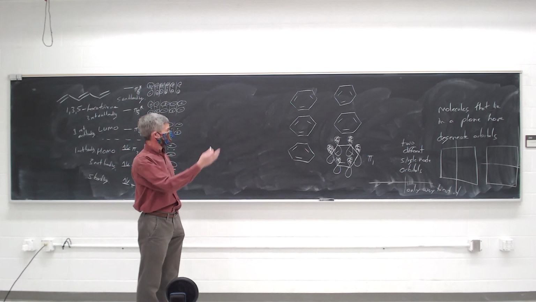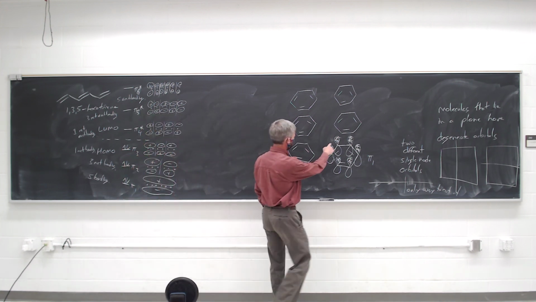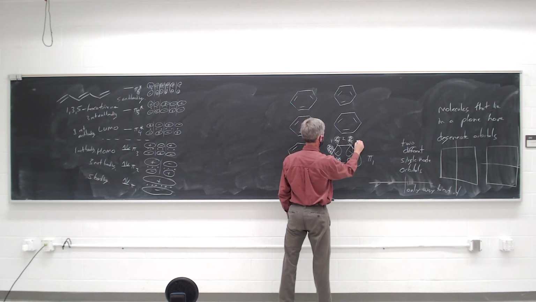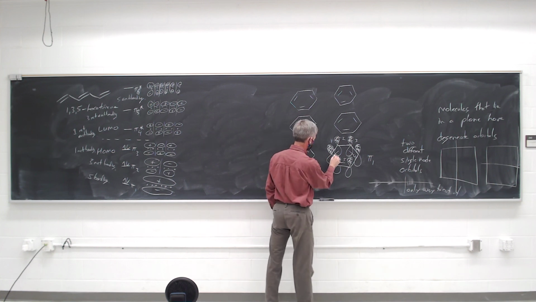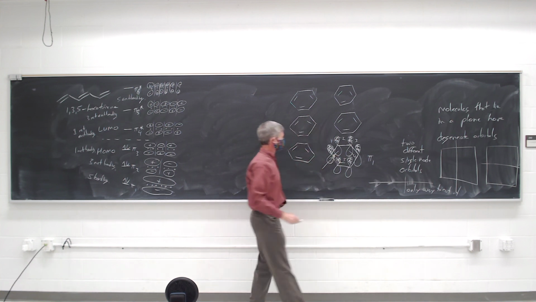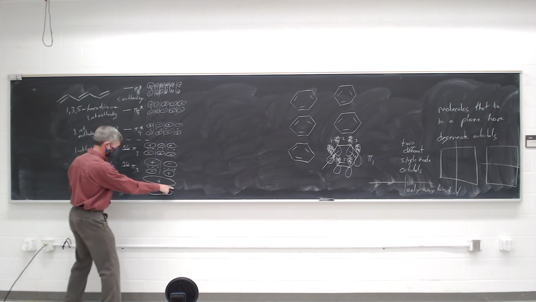How many net bonding interactions are there? 5. So it's 6 because it's in a ring. There's an extra net bonding interaction that we didn't have in the acyclic system because now these two ends are tied together.